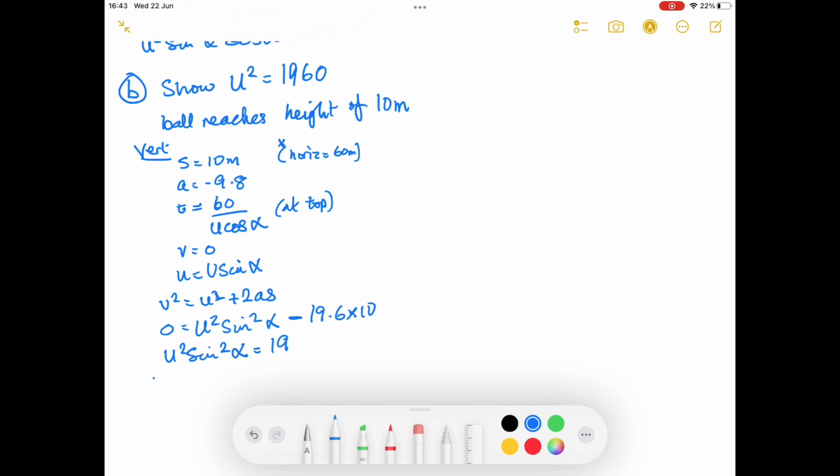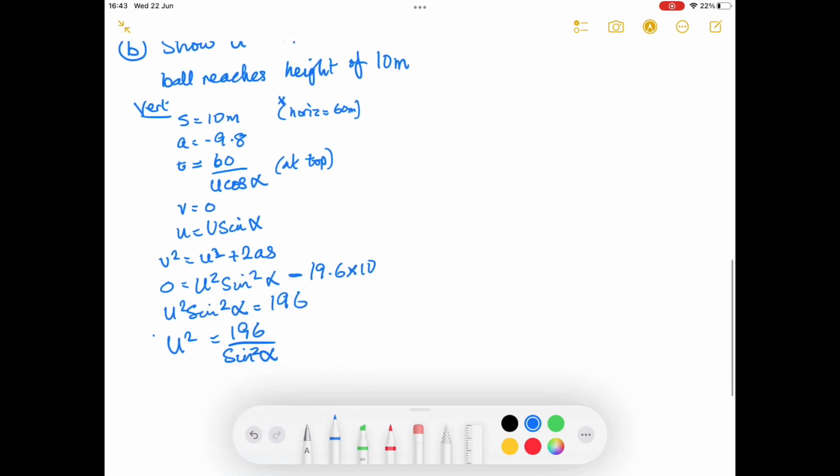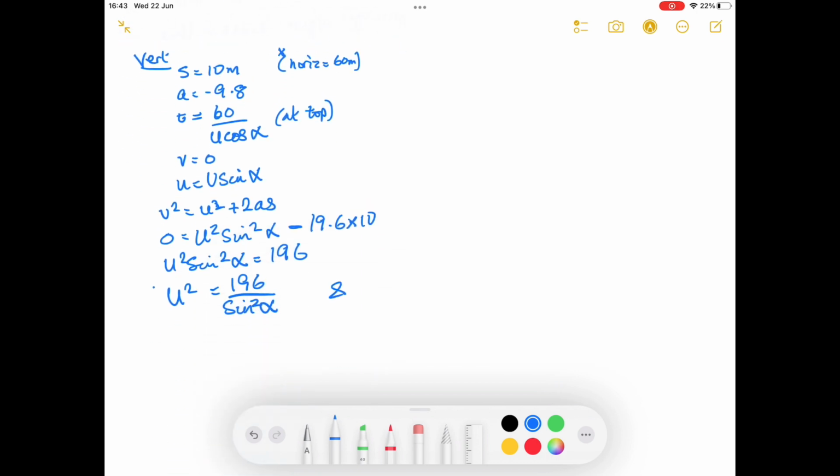Okay, now this is the trick. You don't know what sine squared alpha is, but what you do know is from the previous proof. It's always useful to use what you've had from before. So I'm going to say u squared equals 196 over sine squared alpha, but you've got the equation you figured out before, u squared sine alpha cos alpha equals 588. Even in GCSE they used to do this: here's part A, and use this to find part B, and you generally need to use it.